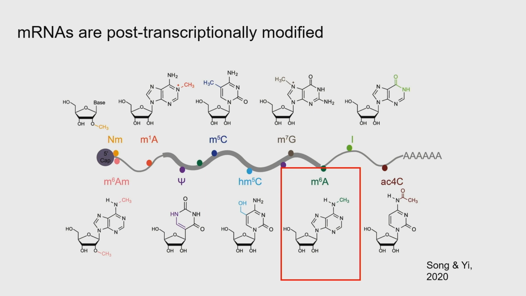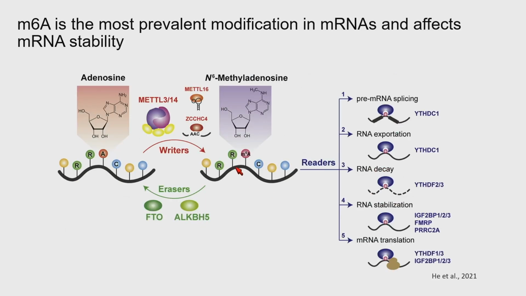It has a sequence context, and there are writers or methyltransferases, METTL3/14 in human, IME4 in yeast. And you can imagine these methylated RNAs are more hydrophobic, so their biophysical properties change, which then results in downstream effects such as changes in splicing, RNA export, RNA decay, and so on.